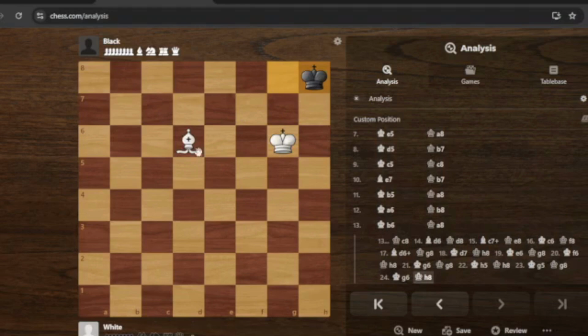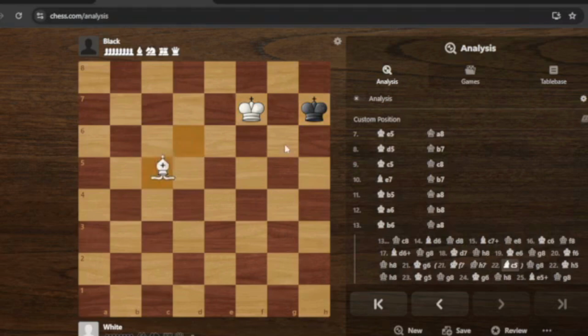So now if we give check, he can go here, but instead of here we go here, here, here, here, check, he can just go up. We have to defend this square and this square at the same time.